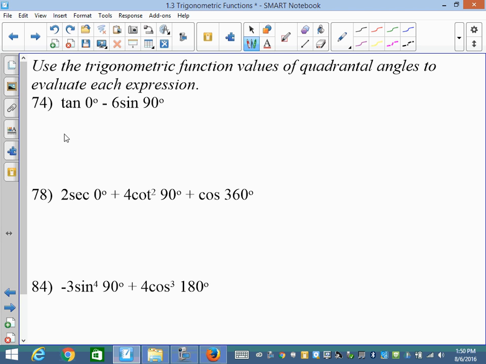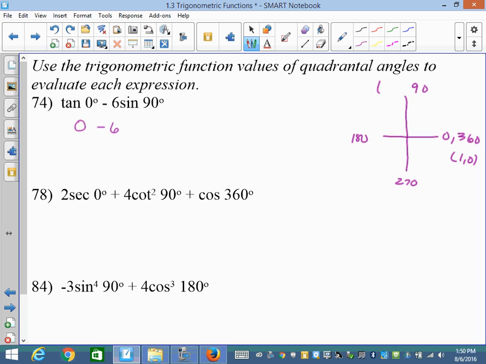Tangent of 0 is 0, minus 6 times the sine of 90. And if we need to, you come over here and draw it out. This is 0, 90, 180, 270, 360. This point is (1, 0).